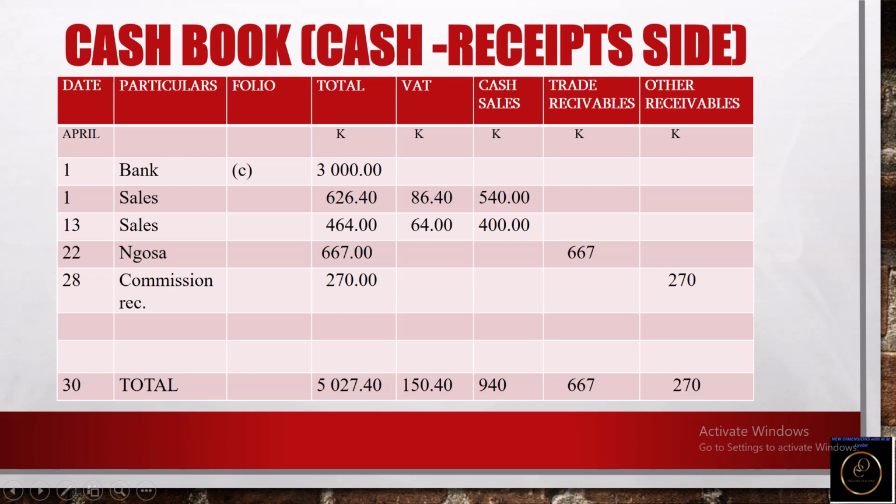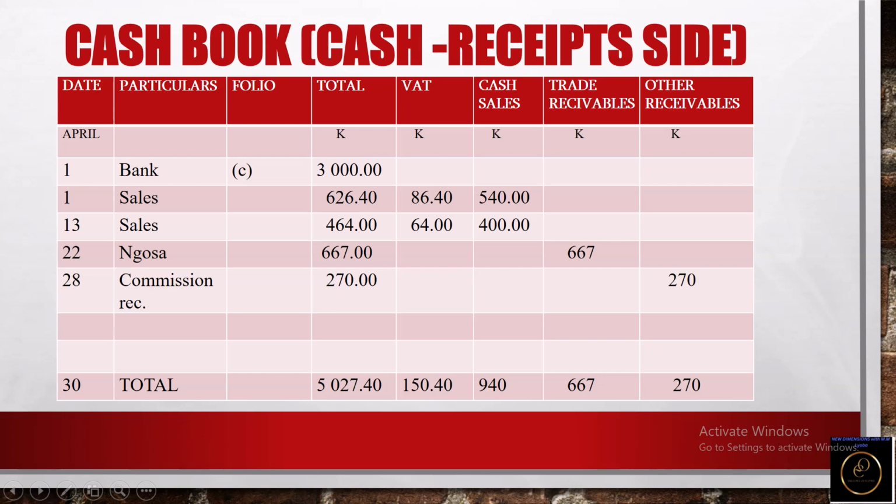In this case, we have cash sales, we have trade receivables and other receivables. Just to complete the capturing of information, we also have how much VAT has been charged on this particular transaction.